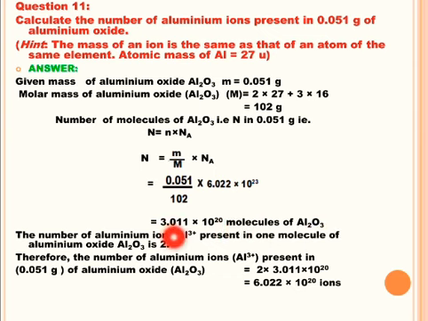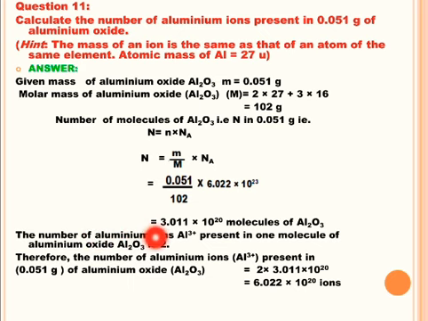Students, here we have calculated the number of molecules of aluminium oxide present in 0.051 gram. But what we have to calculate? We have to calculate the number of aluminium ions present in 0.051 grams of aluminium oxide. So you can see that the formula of aluminium oxide is Al2O3.